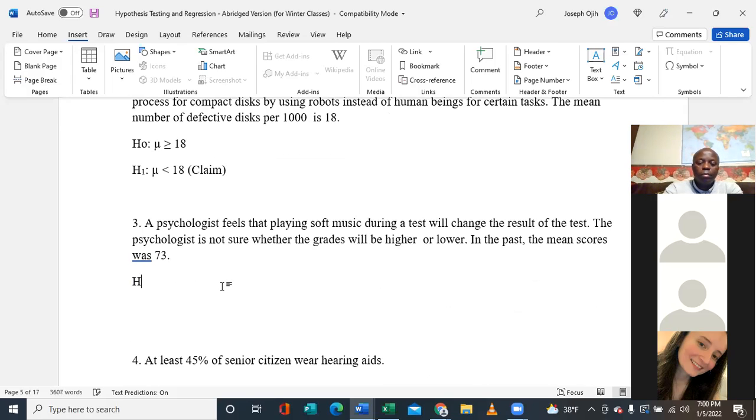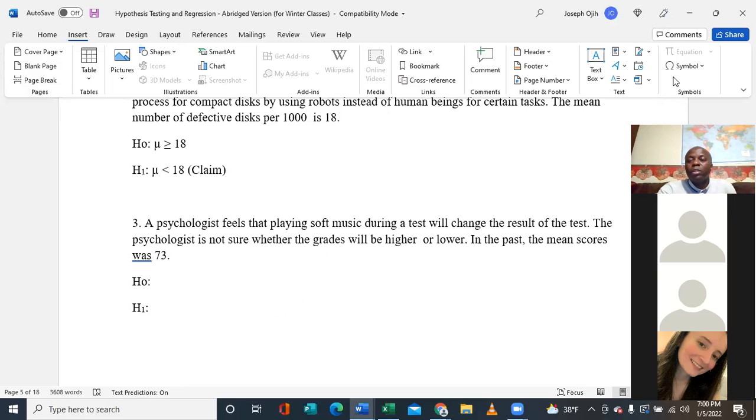So H0 here and H1. He doesn't know whether it will change to the left or to the right, whether it will increase or decrease. So all we know is that it will change.